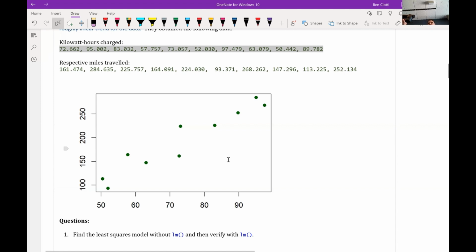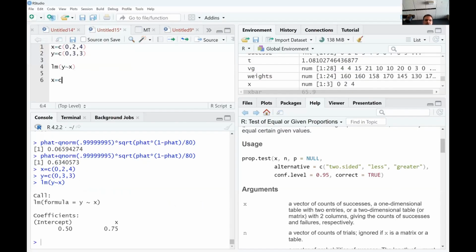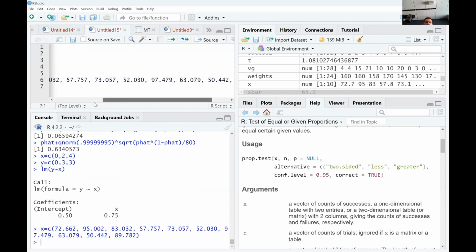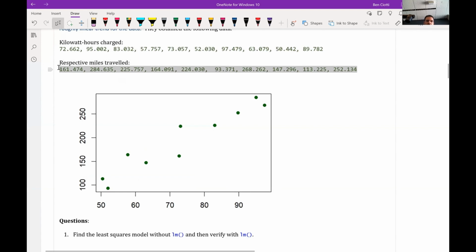Are we modeling mileage off charge, or are we trying to predict the charge from the mileage? Yeah, the charge is what you can control. So that's our x variable. That's the independent one. So let's let x be the vector of charges, and let's let y be the vector of respective mileages.